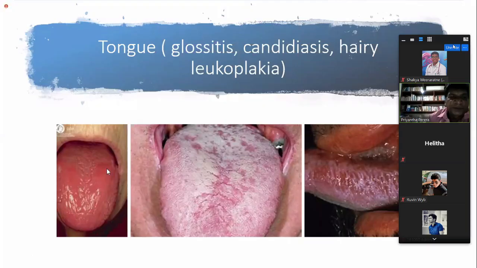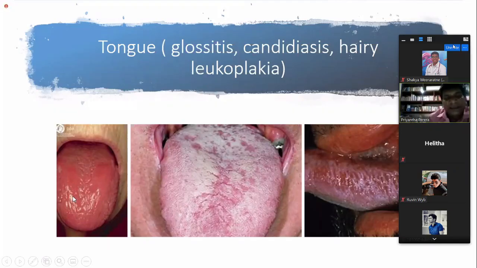And you can see its surface again. You have studied the tongue in anatomy; compare with what is seen in anatomy. What do you see here on the tongue? The tongue has become smooth. Very good. The tongue is smooth, so that means the papillae have been lost. Smooth, red, and inflamed-looking. This is called glossitis.